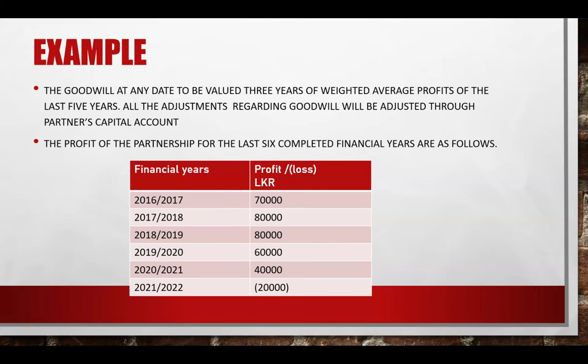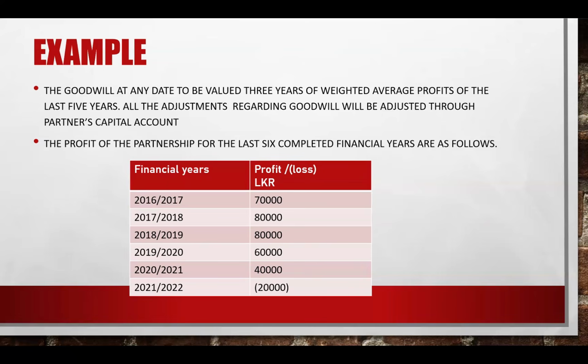Let me read this information. The goodwill at any date is to be valued at 3 years of weighted average profit of the last five financial years. All the adjustments regarding goodwill will be adjusted through the partners' capital accounts.